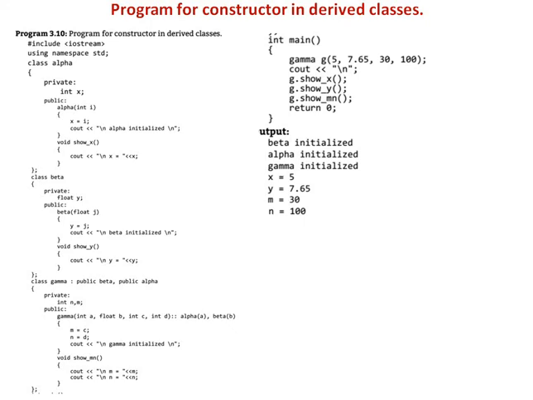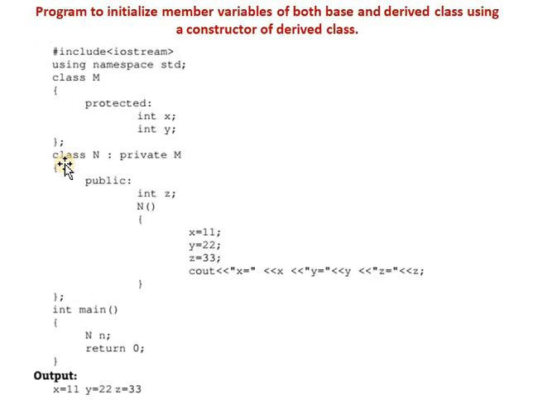So in this example, the constructors of beta and alpha are executed first, then the constructor of the derived class gamma is executed, because alpha and beta are the base classes. Let's see another program that initializes the member variables of both base and derived class using a constructor of a derived class. See this example.